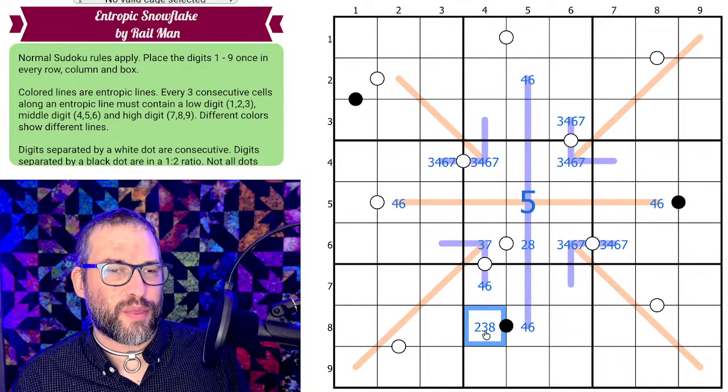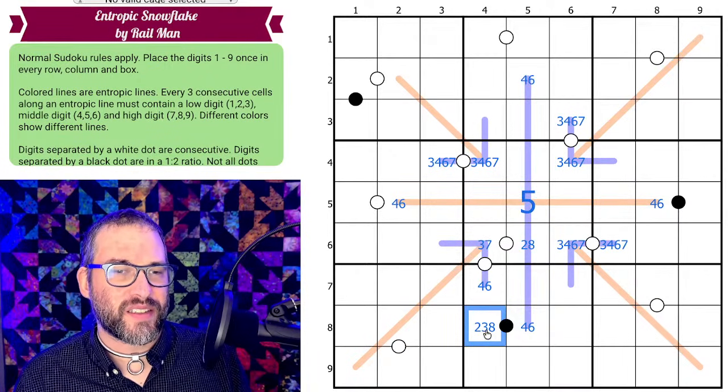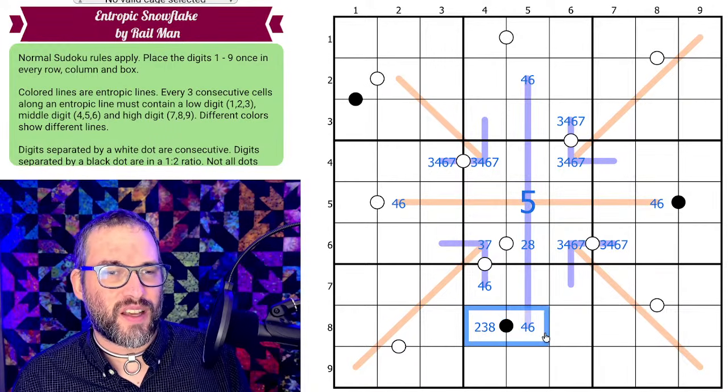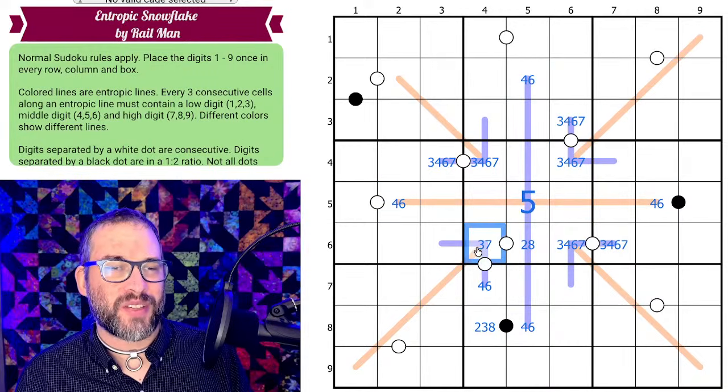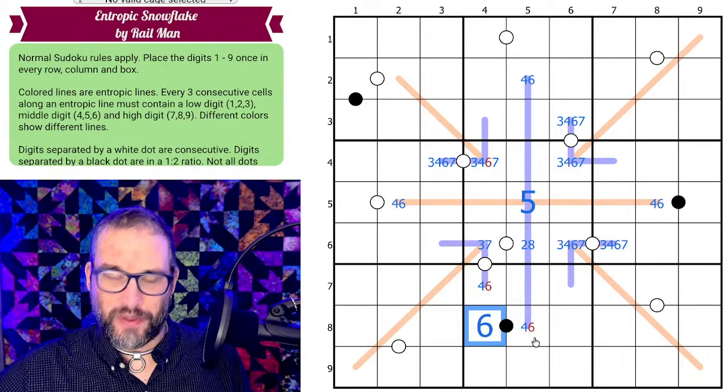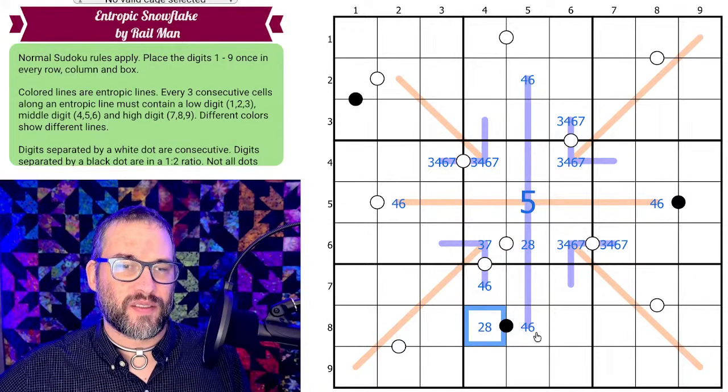I see that 3 actually breaks here. So this would be 3, 6, and this would be 4, and this would be 7. So this isn't, whoops, this isn't a 3.